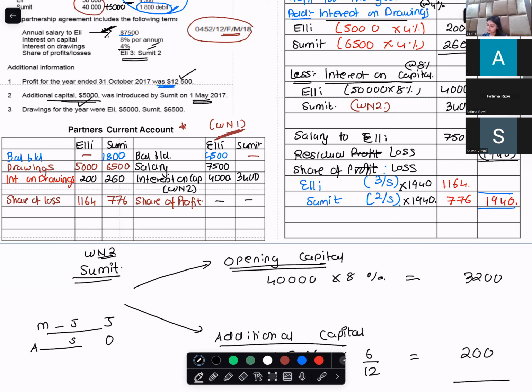Now for Elli. Which side is more? We close one by one. Okay. Which side is more? Credit side. Credit side is more. So this is a normal balance. What is the total of credit side? 16,000.